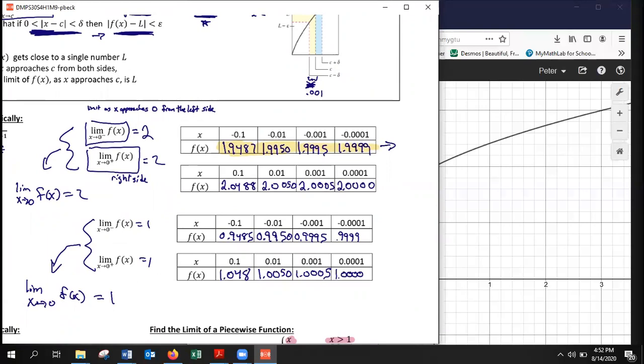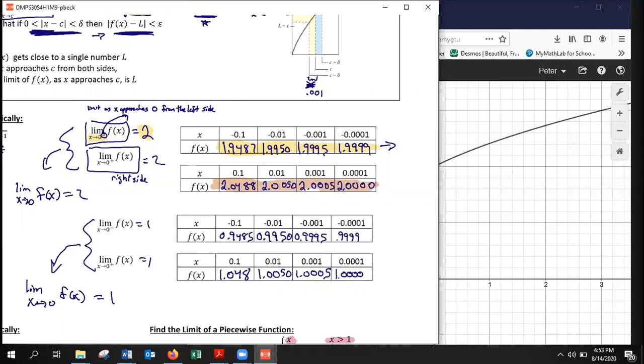And so we end up saying the limit as x approaches 0 from the left side, so that negative right here tells me that I'm approaching from the left side of the x value, that limit ends up being 2. And then let's go to the right side. I'll do this in orange.